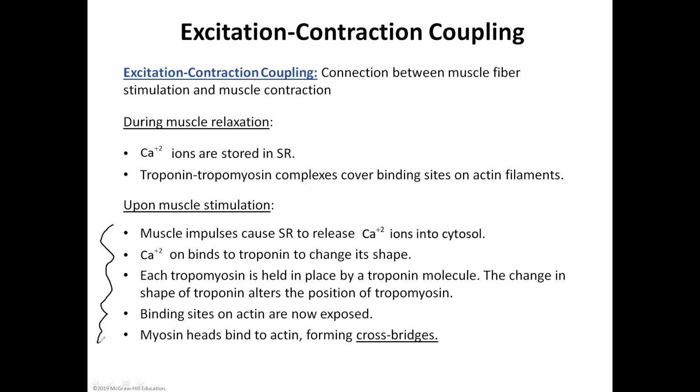Normally it's blocking those active sites, because troponin and tropomyosin are in a certain shape that allows for this inhibition to take place. So that change in troponin alters the position of tropomyosin as well. And now those binding sites are open and exposed. So now those myosin heads can bind onto actin. And when this happens, it forms what we know as a cross bridge.